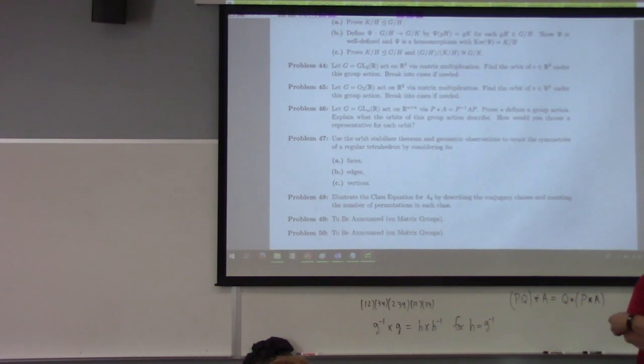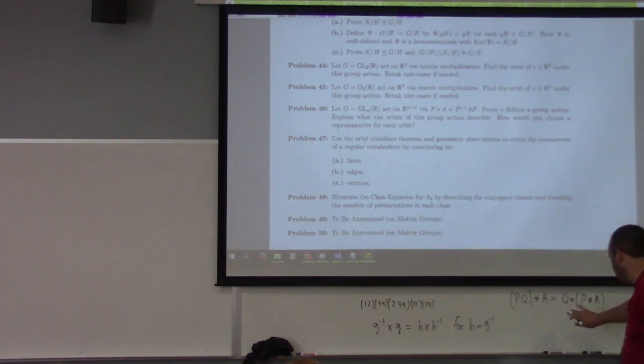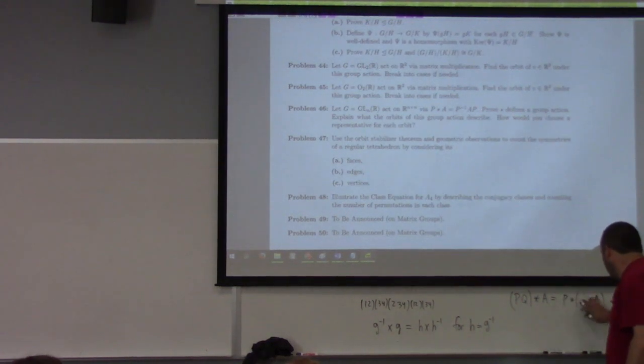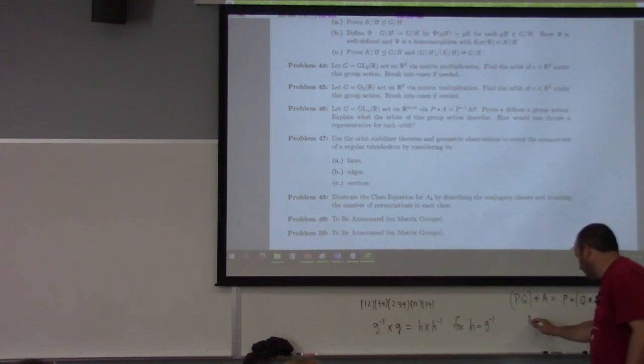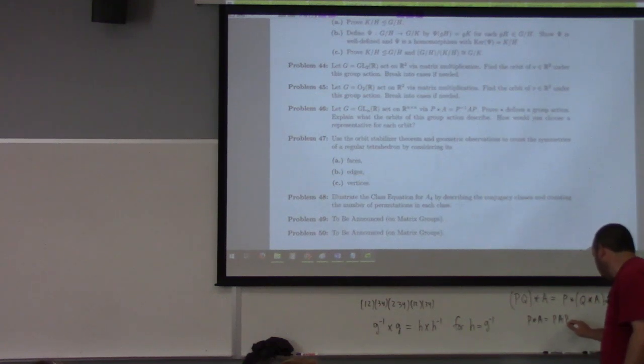Yeah, so that's not axiom 2, right? But if you put the inverse on the other side, then the axiom works out nicely. You get PQA, which is what you need, assuming, of course, P times A is PA, P inverse.